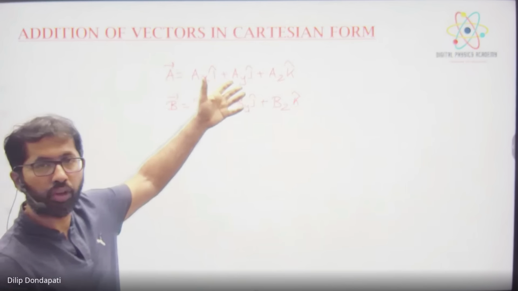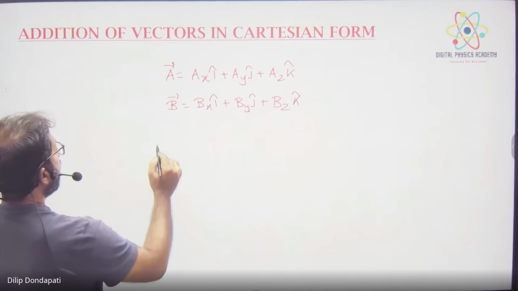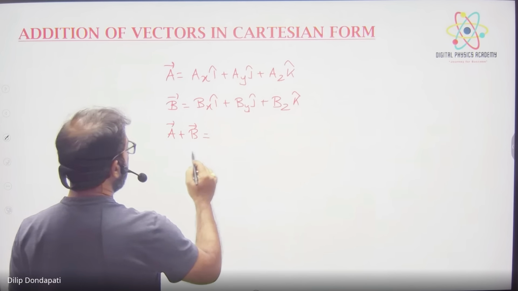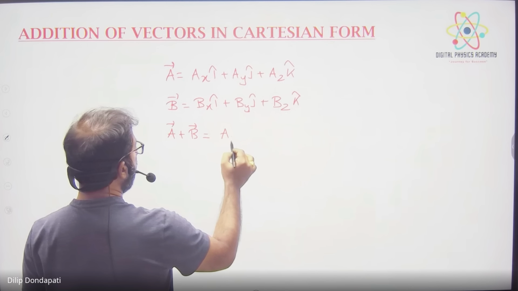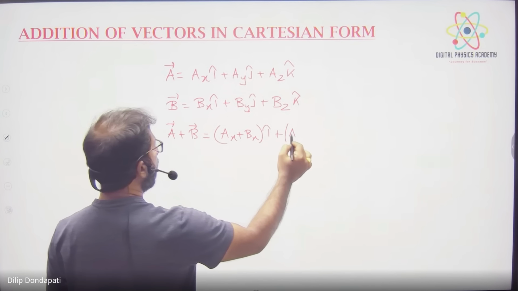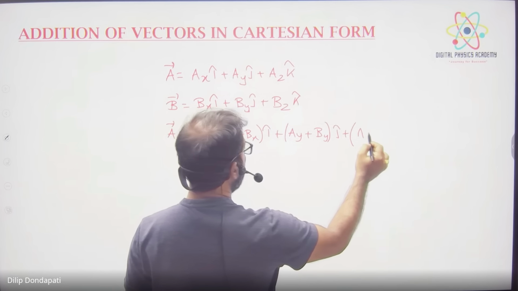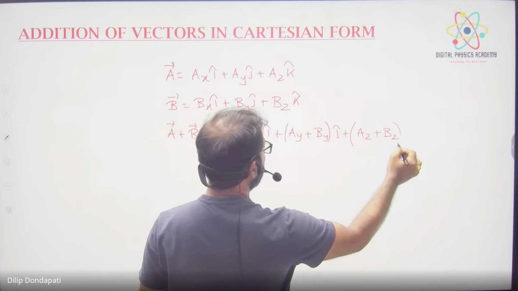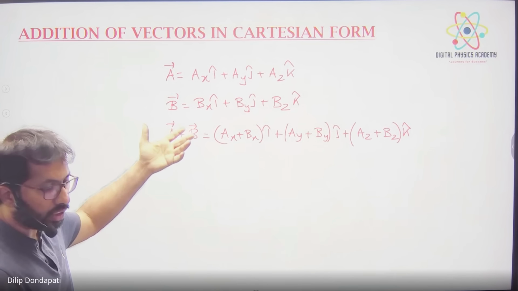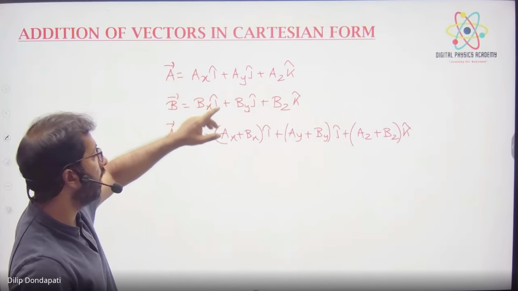Now this is Cartesian form. Cartesian form means we have to write in I cap, J cap, K cap terms. Now simply A plus B, how will you do it, tell me? Adding two vectors, the resultant is also a vector only. So simply AX plus BX I cap, plus AY plus BY J cap, plus AZ plus BZ K cap. This is the thing we have to add. Addition of Cartesian form means simply add the two vectors' I cap, J cap, K cap components. Simply add. Copy down.